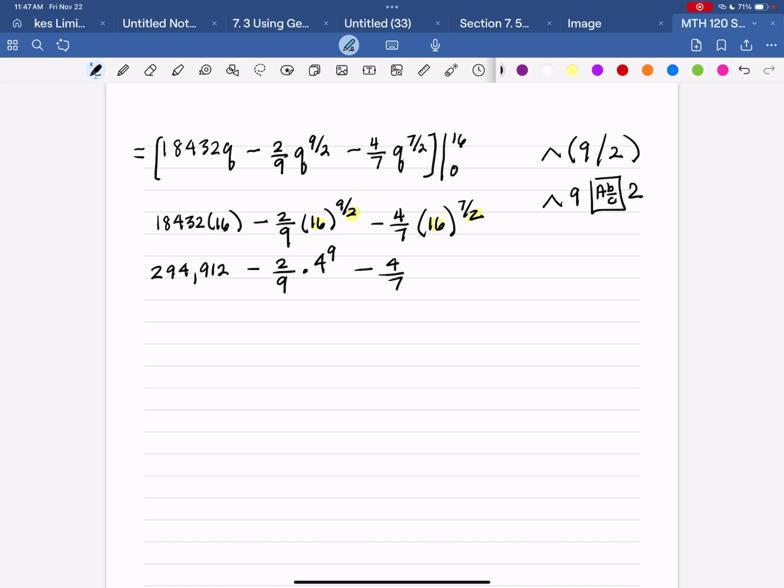Square root of 16 times 4 to the 7th. So 294,912 minus 2/9 times 262,144 minus 4/7 times 4 to the 7th, 16,384.